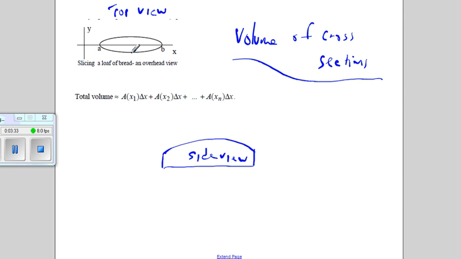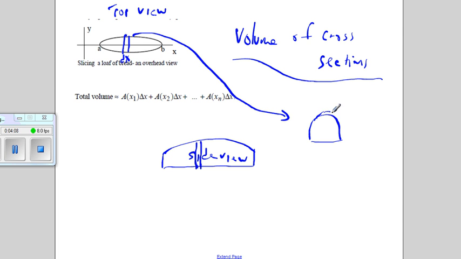The idea is, to find the volume of this bread, we're going to take a bunch of cross sections, each with a little bit of width dx. So that's like making a little cross section here. If we were to take out that little sliver, we get something that looks kind of like that, a little piece of bread.